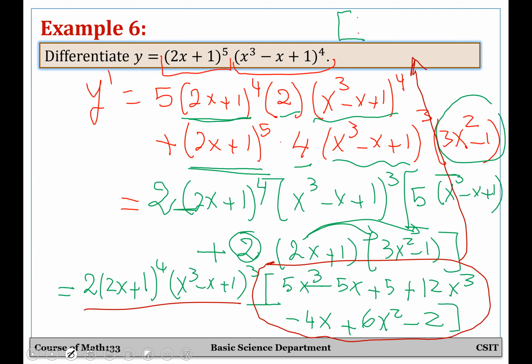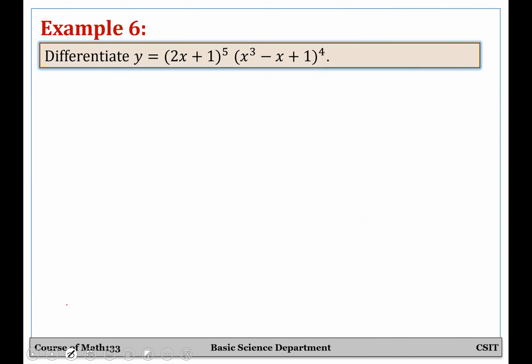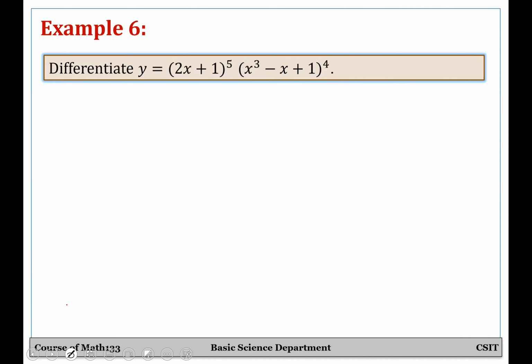So I will have 17x cubed plus 6x squared and minus 9x and plus 3. That's, if there is no mistake, this is the term between the brackets multiplied by this part here. Okay, let's continue with the chain rule.